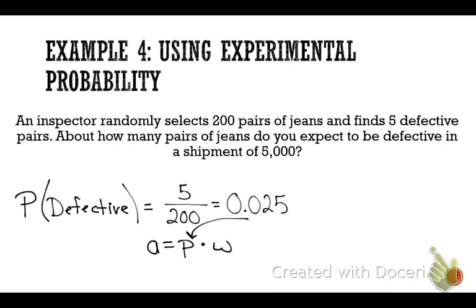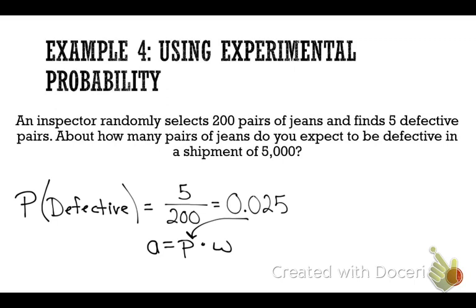Do you see how this could be helpful for a business? If they ordered 200 pairs of jeans and it came back 80% defective, do you think they're going to order 5,000 pairs to be made? No, because they're going to trash most of the order and lose all that money. So this is so important. Before a company will make a large purchase, they're going to do a trial run. They're going to see how well you make that product.